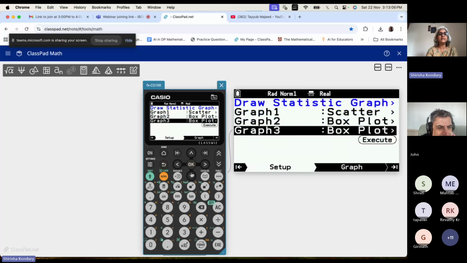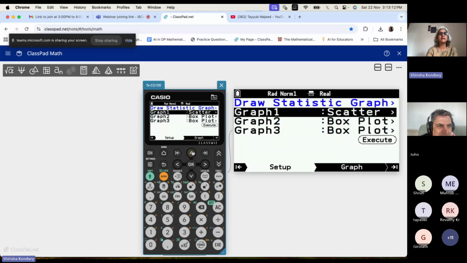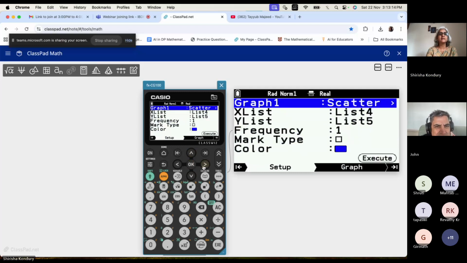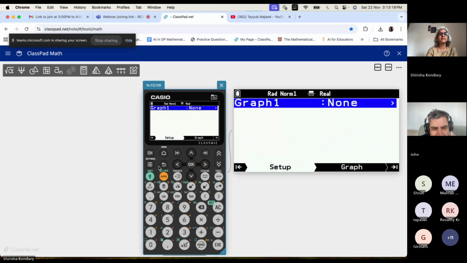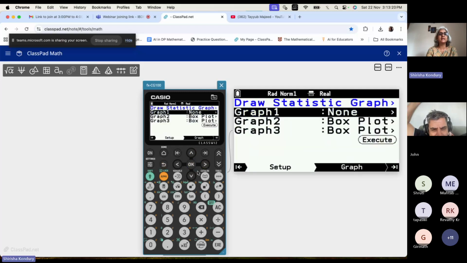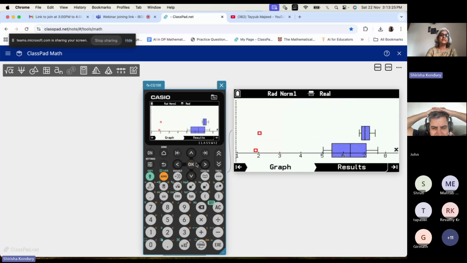And now I go down and I say execute. And before that, let me make this none so that that doesn't get graphed. And now, so I have both my box plots.